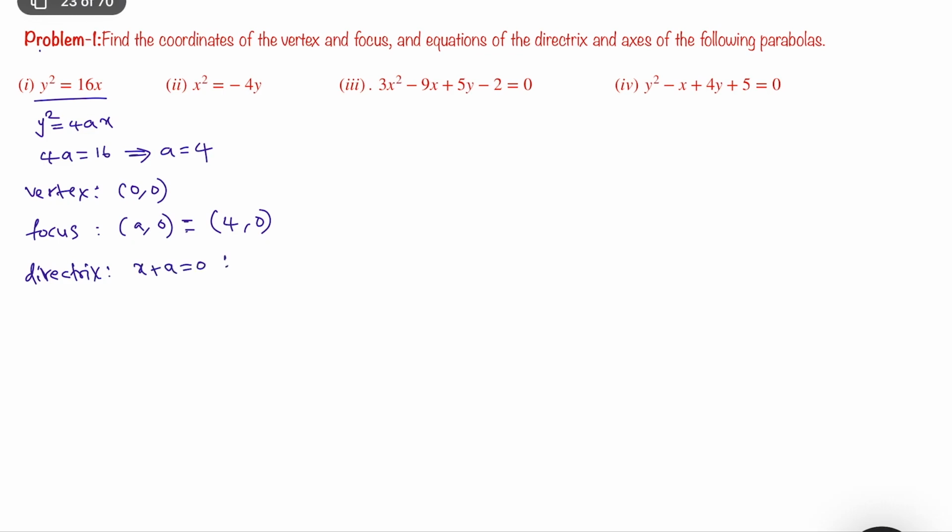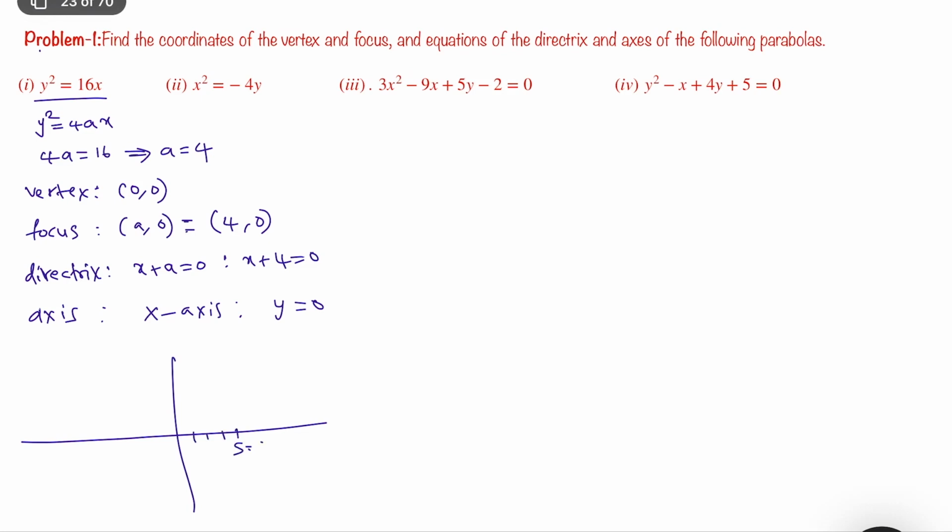That means it should be x plus 4 equal to 0. And the axis of this standard equation is the x-axis. That means the equation is y equal to 0. Let me draw a rough picture here.